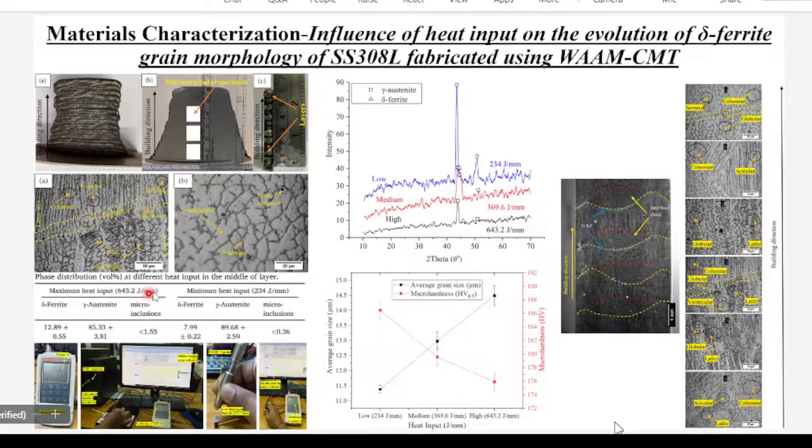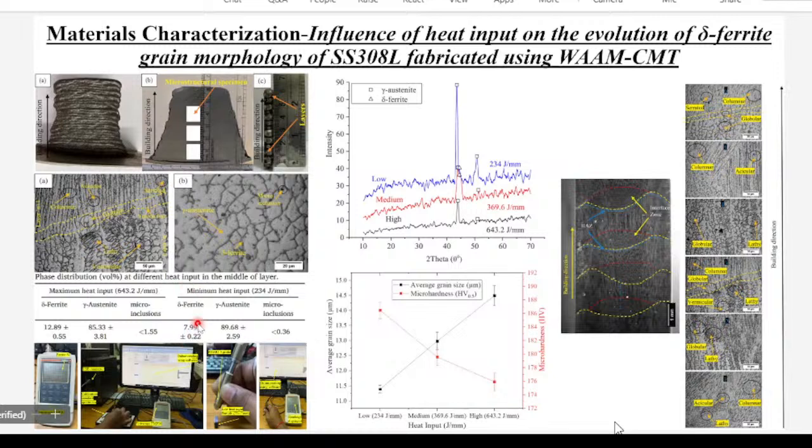So you can see I made three components with different process parameters. One component is made with the minimum heat input, 234 joules per mm, and this is the highest heat input, 643.2 joules per mm. With the higher heat input WAM component, we are getting almost 13% ferrite content, and with the minimum heat input we can see 8% ferrite.